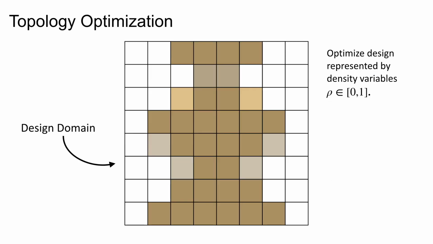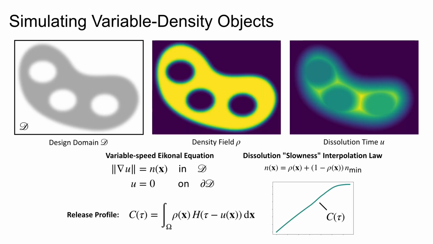Our topology optimization works by optimizing continuous variables that represent the material density or infill fraction of each cell in a grid. This requires generalizing our simulation to support variable density objects, which we do by solving a variable speed eikonal equation where the dissolution speed is determined from the infill density using a simple interpolation law.